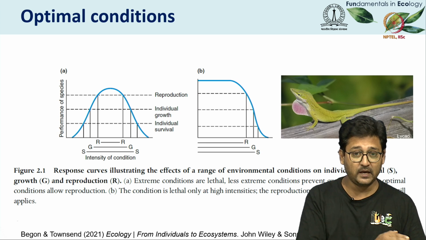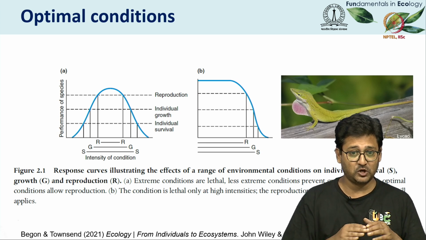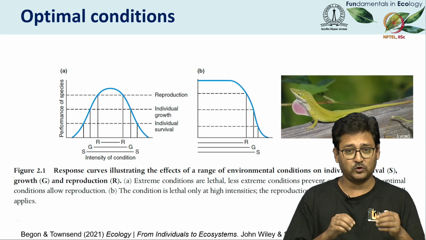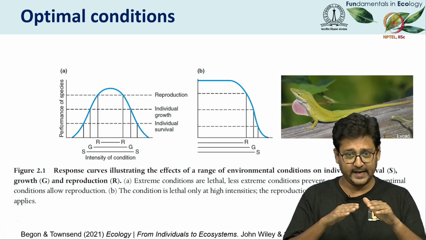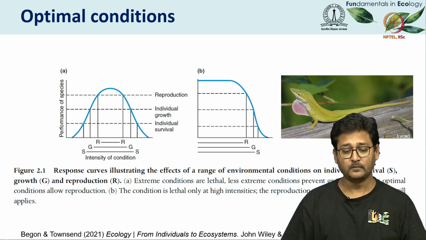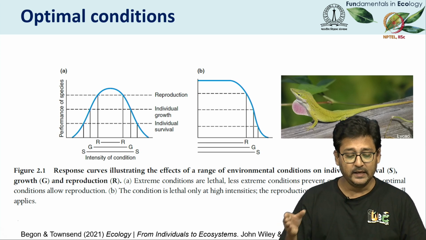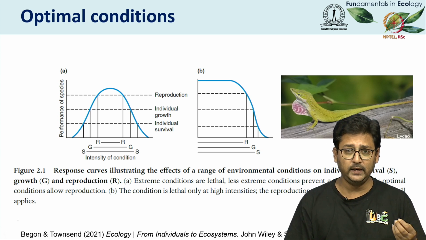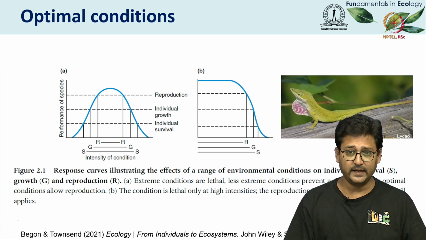And as you move away from that optimal temperature to lower temperatures or to higher temperatures, survival, growth and reproduction are affected negatively. It goes down on either side of that mean. What we're seeing on the right is that this environmental condition, like temperature for example, is only lethal at high intensities.